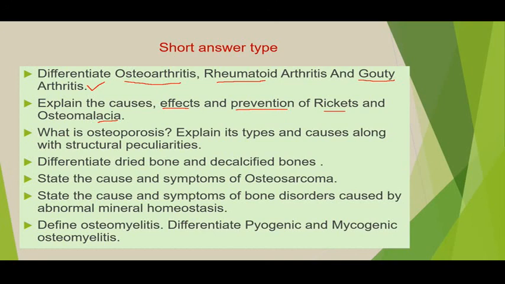Next is state the cause and symptoms of bone disorders caused by abnormal mineral homeostasis. And the last question from this category is define osteomyelitis, differentiate pyogenic and mycogenic osteomyelitis.